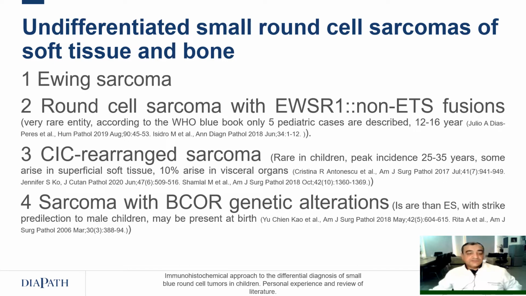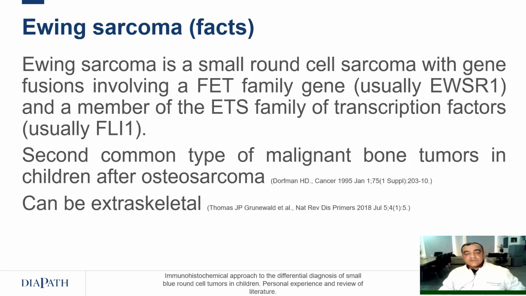So it can be a congenital tumor. So these 3 cases, of course, cannot be diagnosed solely by immunohistochemistry and morphology. You need to do some sophisticated molecular testing. But now let's go to the Ewing sarcoma and see what it is.